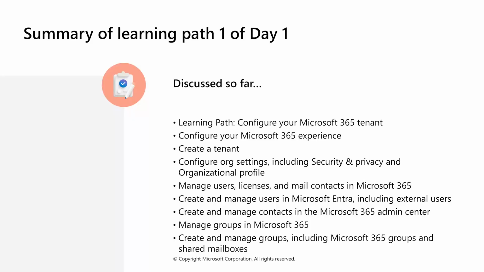Microsoft 365 is not a set of random portals. It is a connected system, guys. Everything starts with a tenant. So that's why we talked about how do you create a tenant. Whenever you talk about a tenant, the tenant decides your region, your identity backbone, your security defaults.